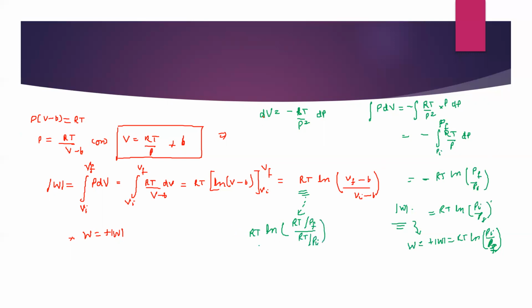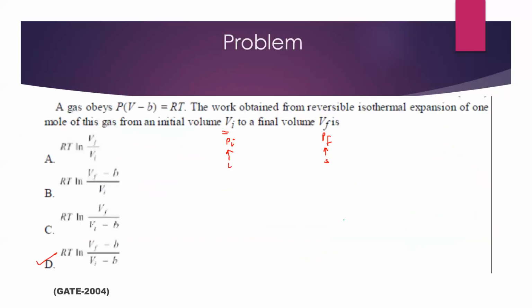That's all. So it would have come as RT ln Pi by Pf. So you can calculate it in both ways. Even if the pressures had been given instead of volumes, this question could be easily solved.